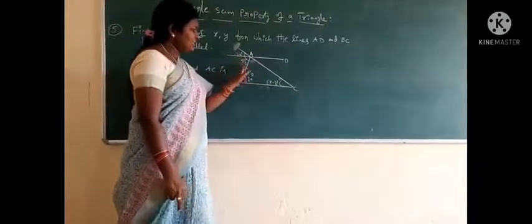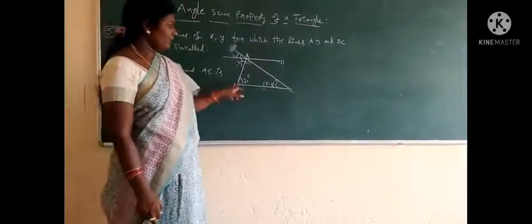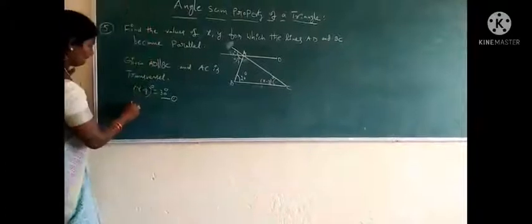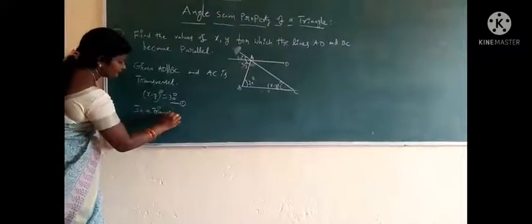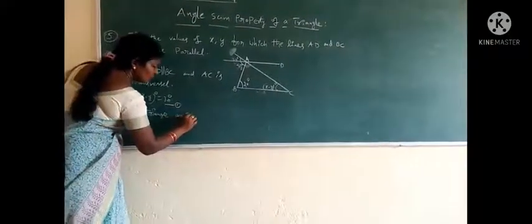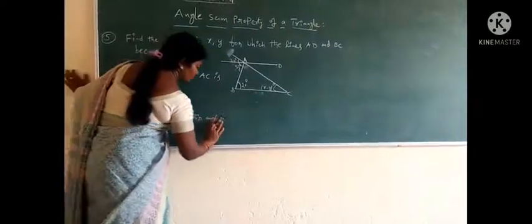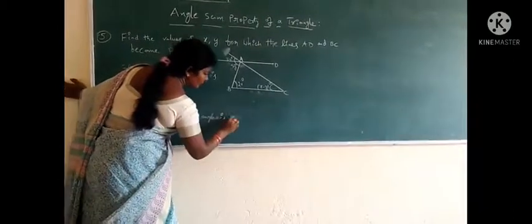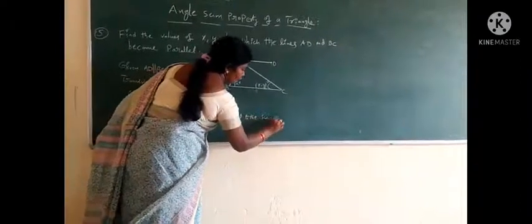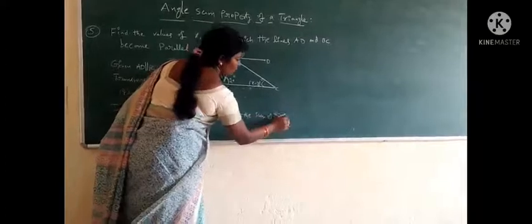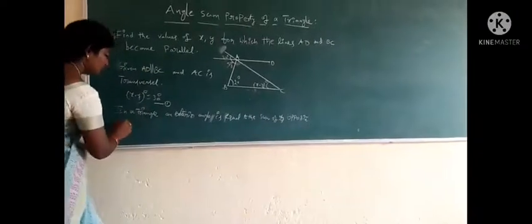An exterior angle is equal to the sum of opposite interior angles in a triangle.